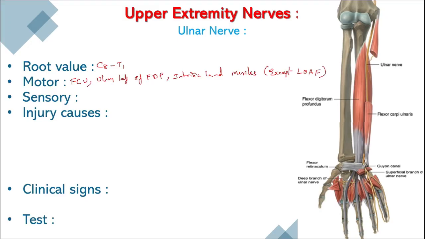Okay, and abductor pollicis brevis and flexor pollicis brevis, these muscles we are excluding. So here mostly we have to focus on the ulnar nerve.